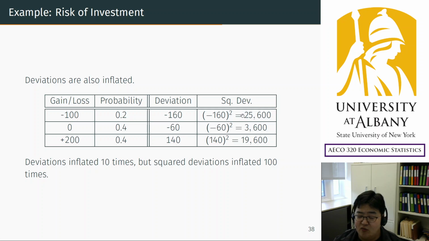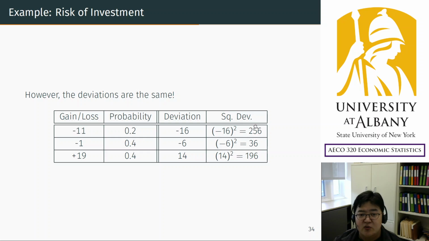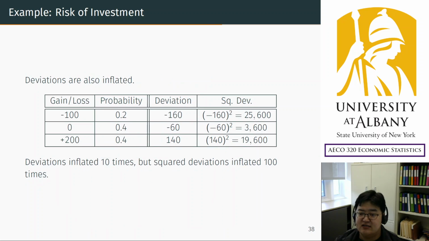However, what's interesting, what's not natural here, is when you square the deviation, it is, say, 25,600. Remember this number, compare that to here. Previously, the first squared deviation was 256, but now it has two more zeros. Two zeros, multiplied by 100, not 10.